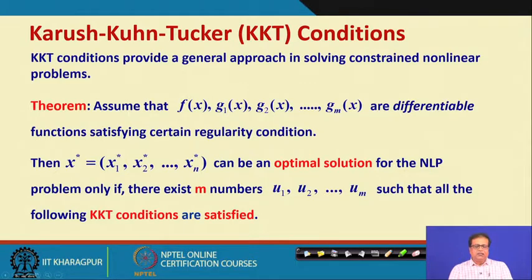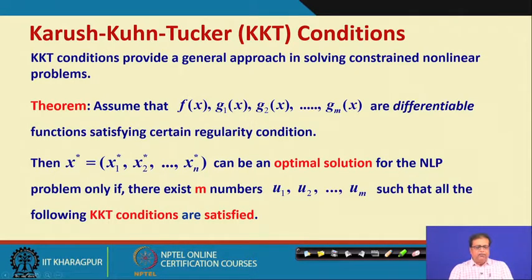Remember that our original problem was maximizing f(x) subject to g_i(x) less than or equal to b_i. They should all be differentiable, that is the first requirement, and there exist certain multipliers, that is u1 to um.